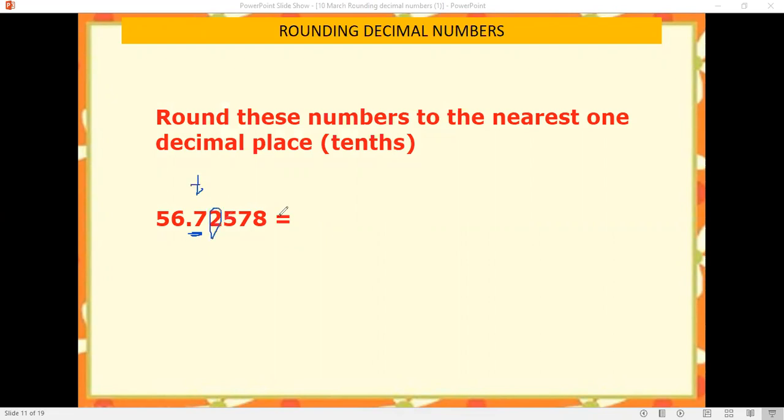This one, just cross it out. So it's 2, 4 or less, or 5 or more? It's 4 or less, therefore we will just give 0 here. So the answer is, remember, only one decimal place I need. So 56.7. Okay?